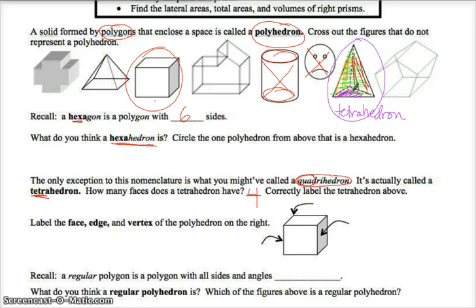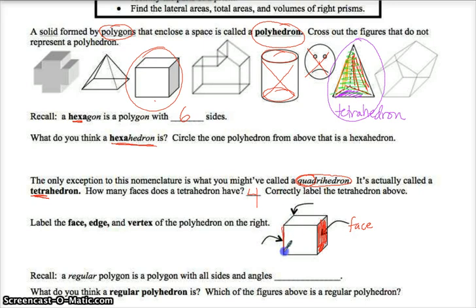Label the face, edge, and vertex of a polyhedron on the right. So specifically, this is a hexahedron. So what is the face? The face is this right here, right? I keep calling them sides, but actually that's called a face. The flat, smooth part that you can see that we can put different colors. The edge, right here, this is the edge.